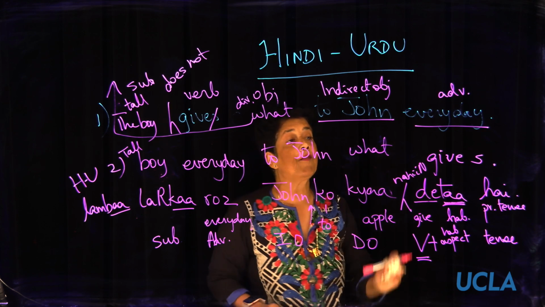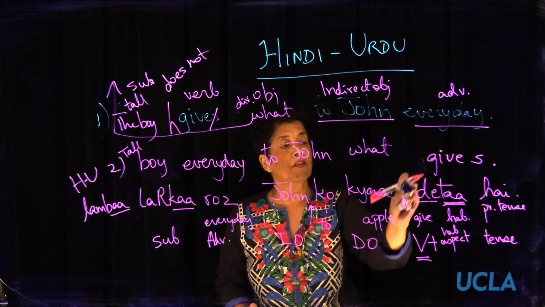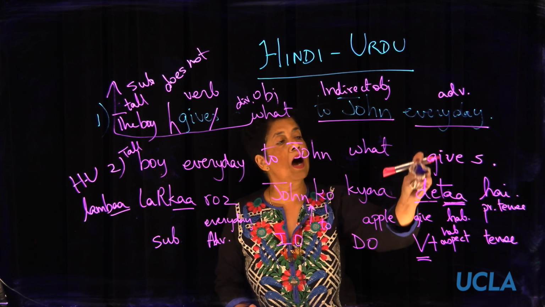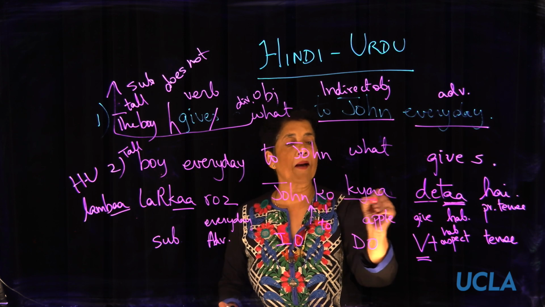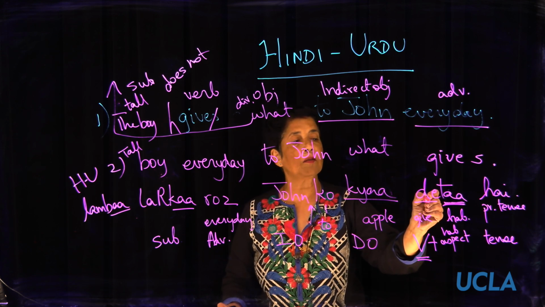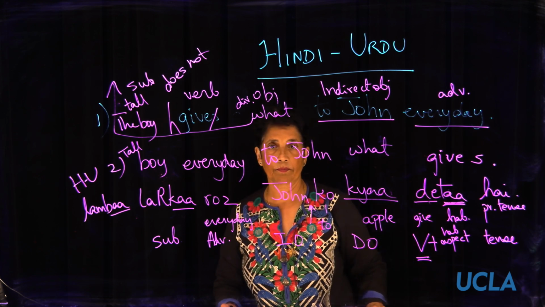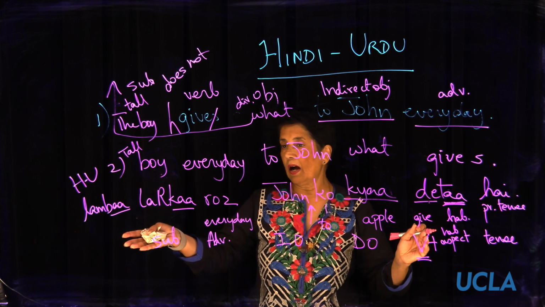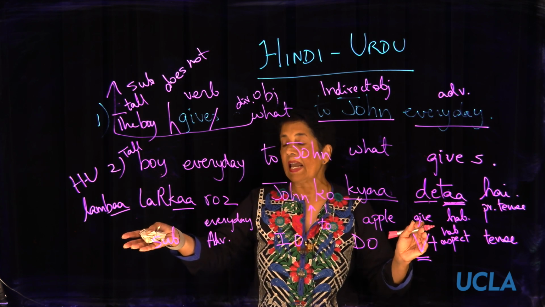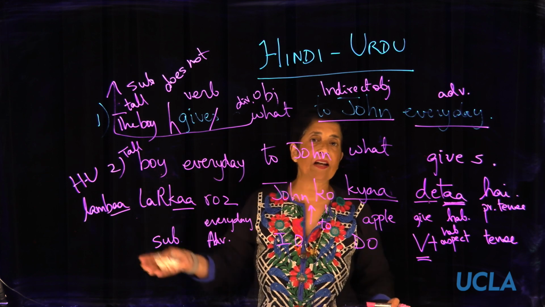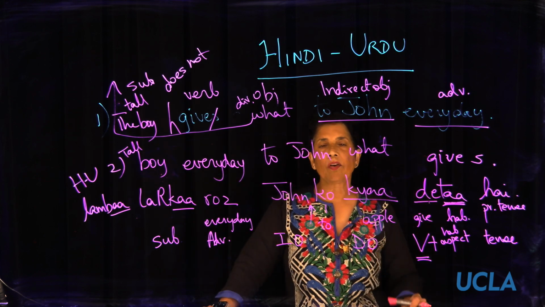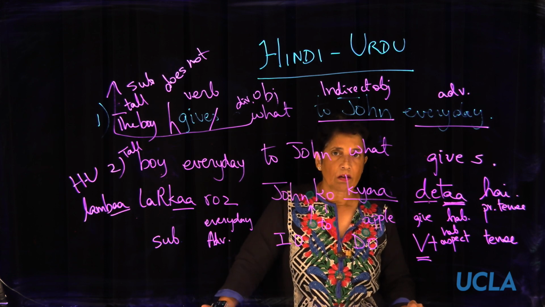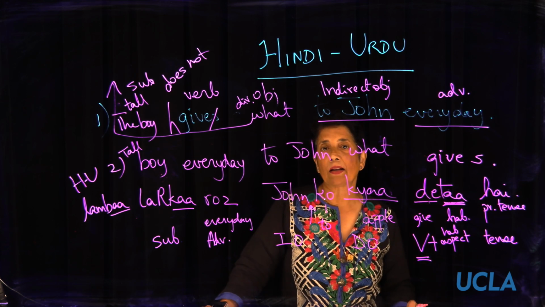It goes before the verb. So the unmarked place for the question word, for example, kya, is right before the verb. Okay? And if we began the sentence with kya, that's a yes-no question, not a real question word like what. Okay? We'll talk about that later.